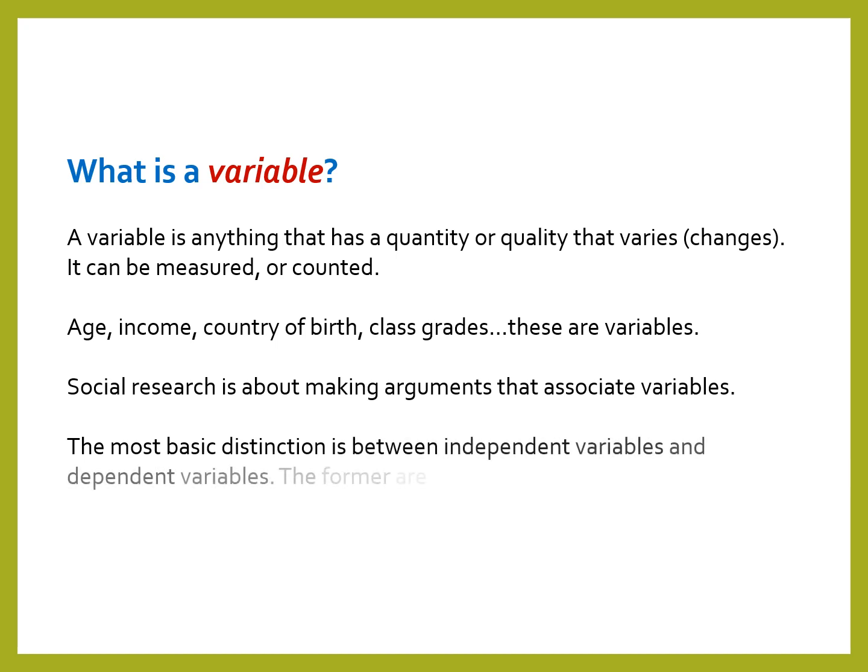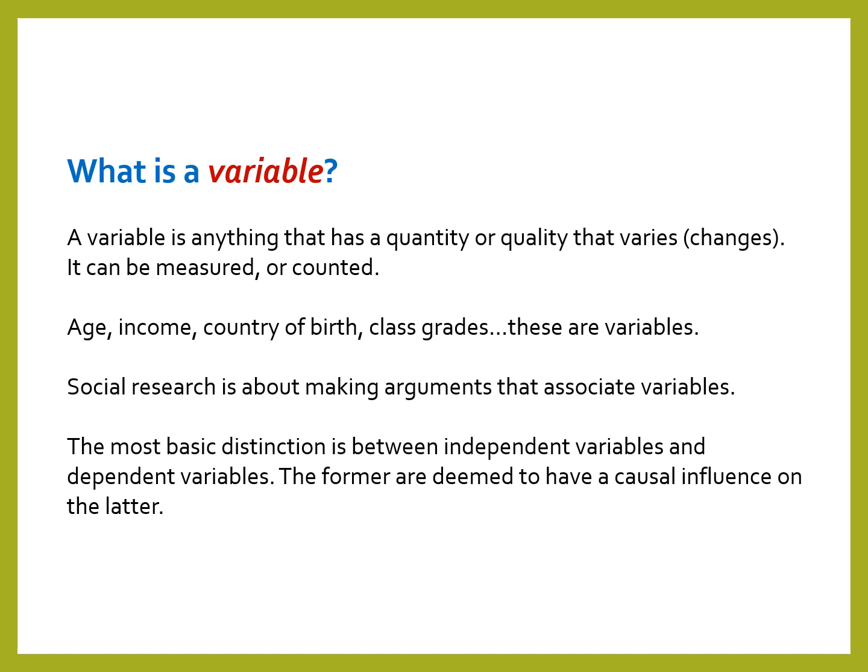More strictly speaking, a variable is anything that can be attributed to quantity or a certain quality that changes. So this means that a variable can be counted or measured. Classical and very basic examples are age, income, country of birth, class grade.